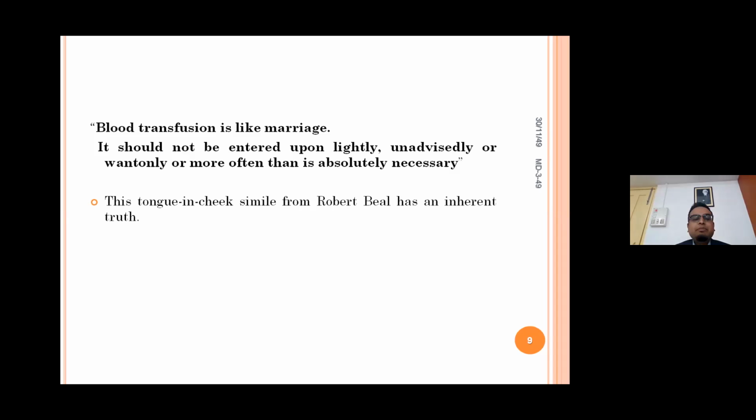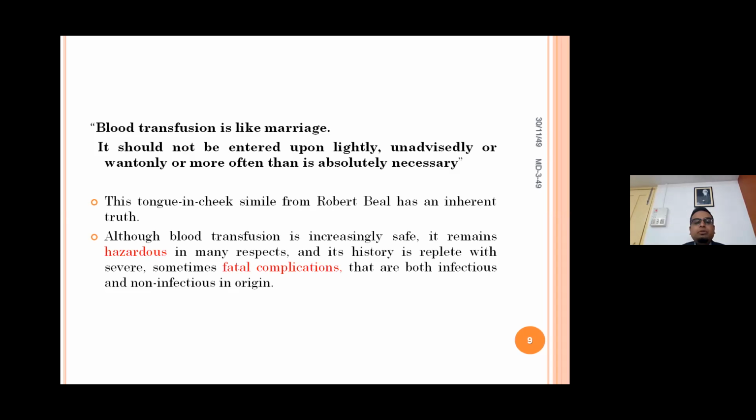This simile, or the tongue-in-cheek simile from Robert Peel, has an inherent truth in it. Now, why so? Although blood transfusion is increasingly safe nowadays, it remains hazardous in many respects, both infectious and non-infectious.